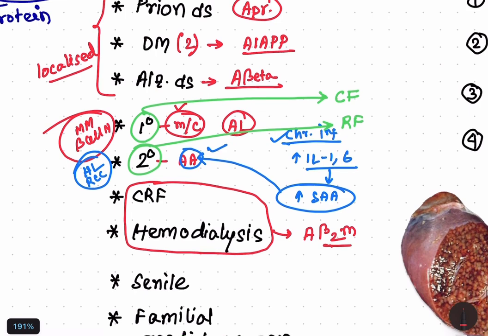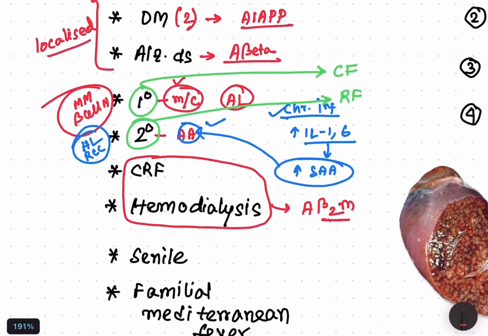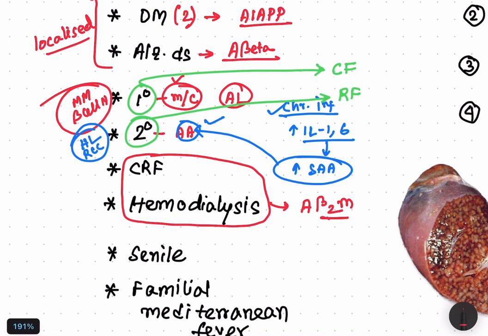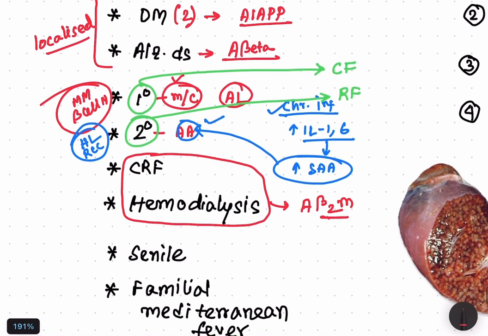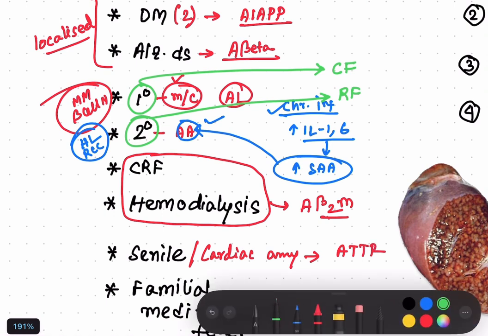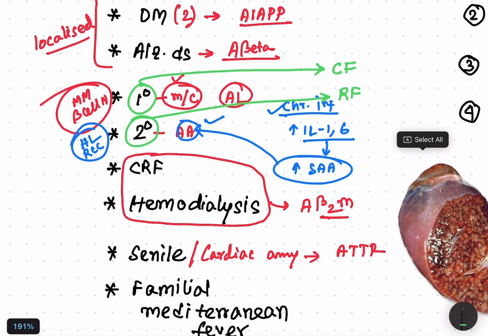Okay, now coming to the senile one. Senile means in an aged person, the aging is a normal phenomenon. What we see is cardiac amyloidosis also. In case of cardiac amyloidosis, the deposition is ATTR. Now here I want to mention one thing. This transthyretin is normal here. It is not the mutant variety.